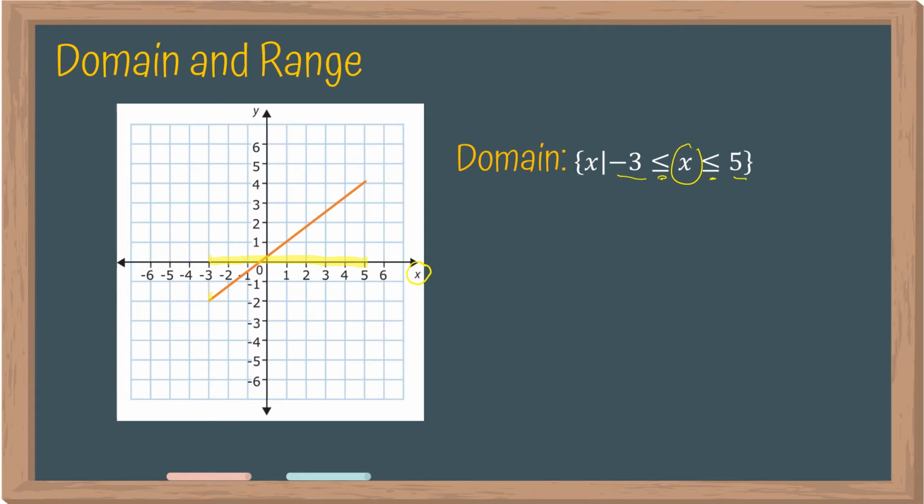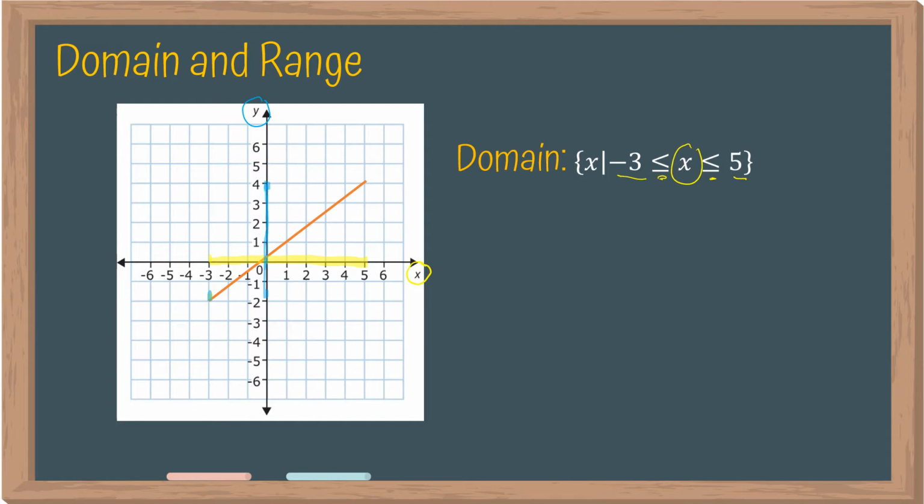Now, let us have our range. For the range, we're going to do the same. This time we're going to check the y-axis, the y values that are included in the graph. Let's look again at where it falls. For this particular example, if we check the endpoints on our y-axis, that will be from negative 2 going to positive 4.